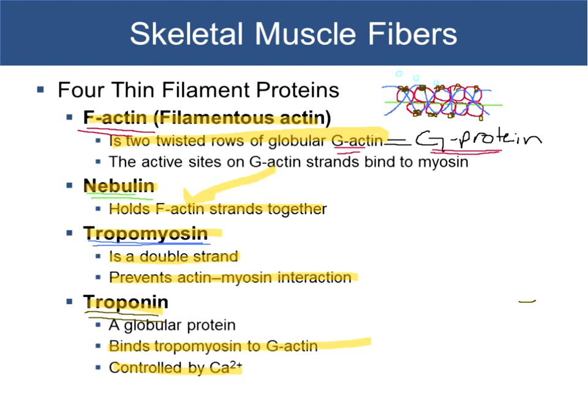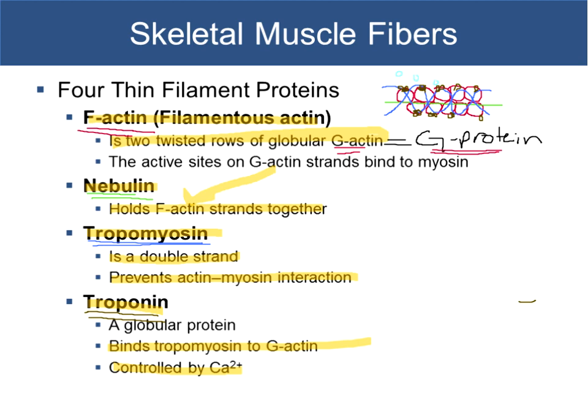Right now, put that thought on the back burner. Calcium is going to bind with troponin, causes tropomyosin actually to move off of the active site of your G protein, aka F-actin, aka G-actin, and that exposure of the active site is what allows for the interaction between the myosin and the thin filament.